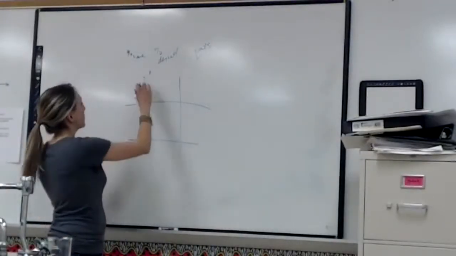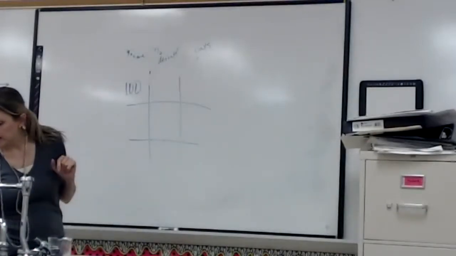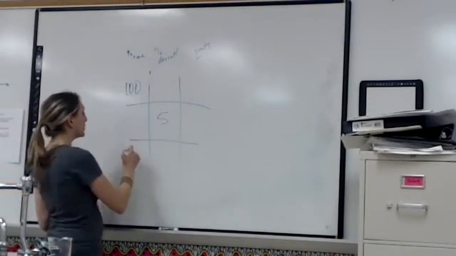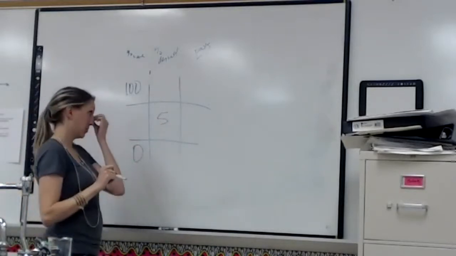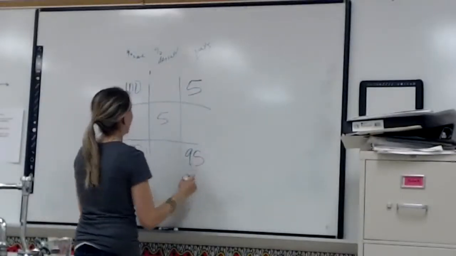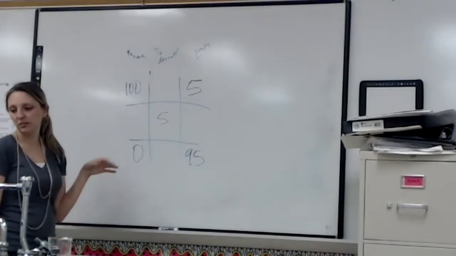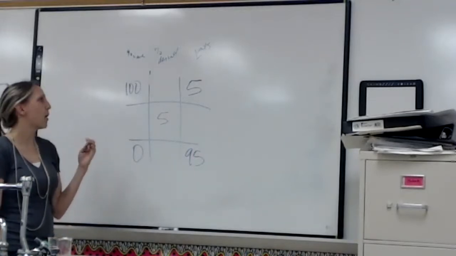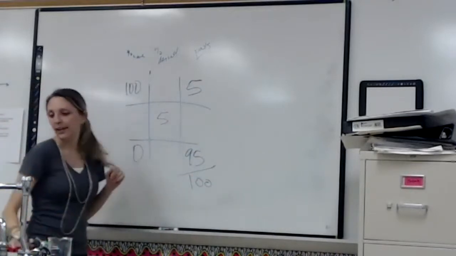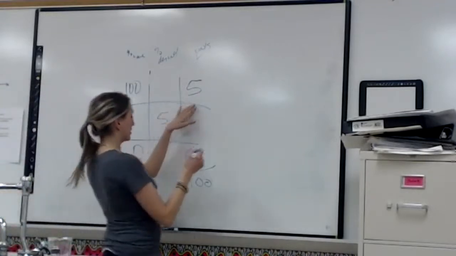So I'm going to put that up here. And then we want a 5% solution, and we're just diluting it. So you could put 0 down here if you want to. So up here we've got 5, here we've got 95. This one's pretty easy because you can figure that out. But once you figure out your parts, you got this out of 100, then you can go back and figure out how many to make 16 milliliters.